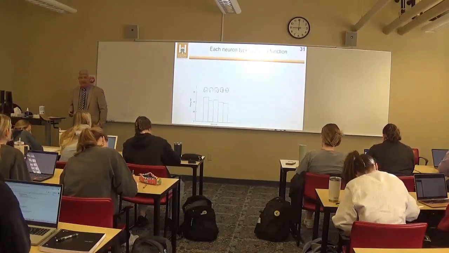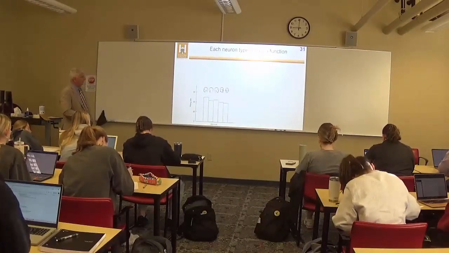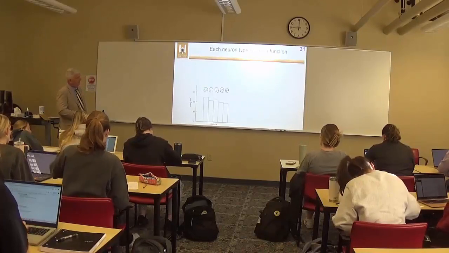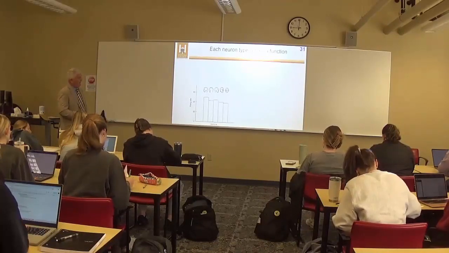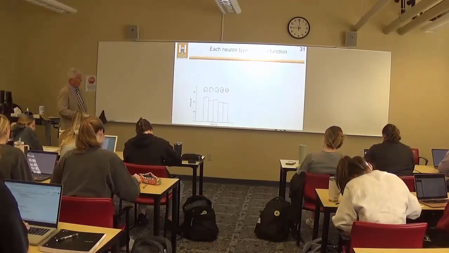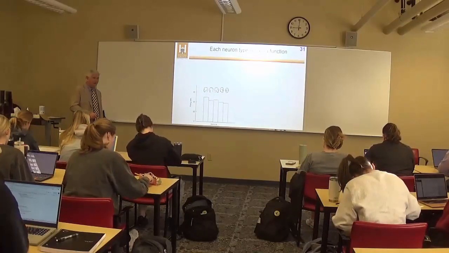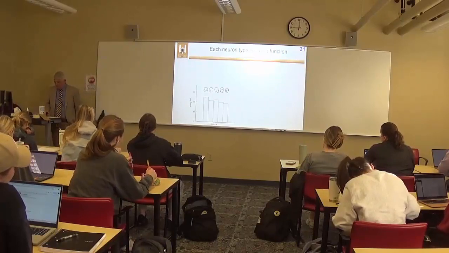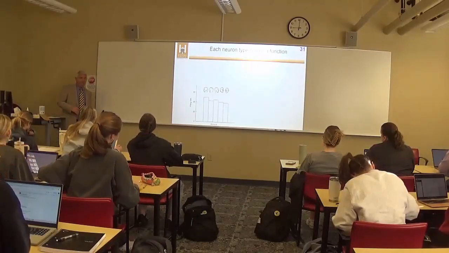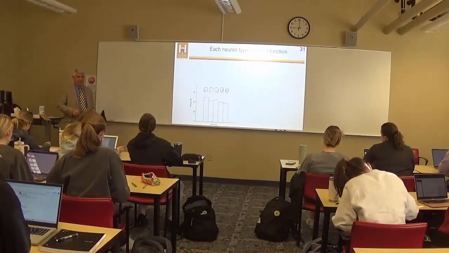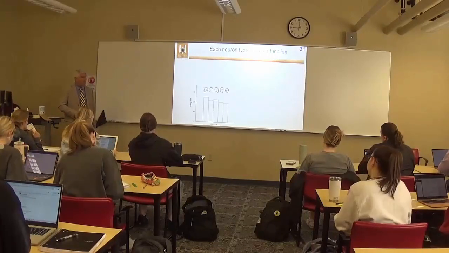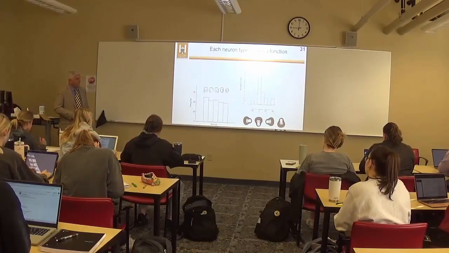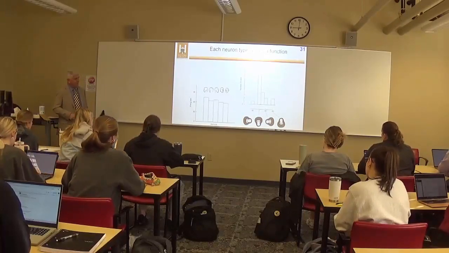All right, so again, all these neurons serve a function. So if this neuron is firing equally to this space, what type of neuron would you classify that as? View invariant, right? Angle invariant. The angle of the head doesn't matter, right? What about this neuron? What does it respond to?